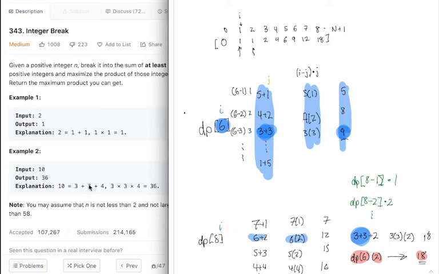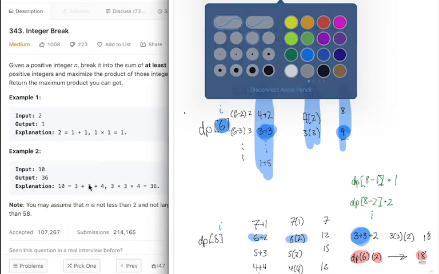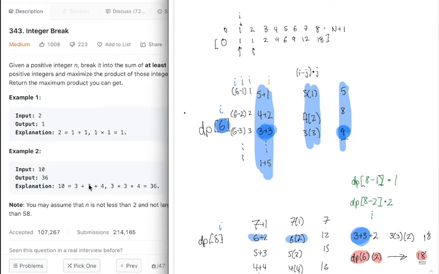So let me just emphasize once again, this is our j, this is our i minus j times j.